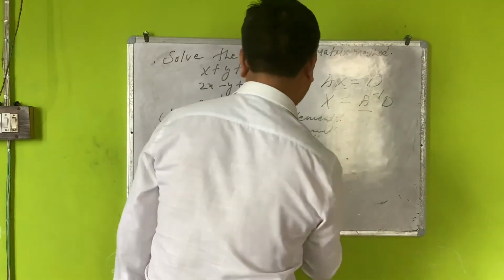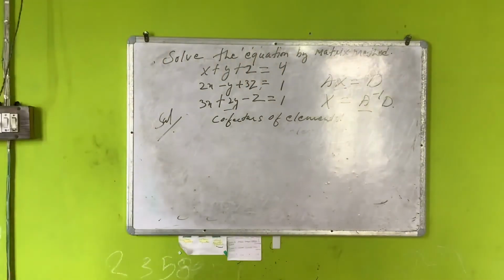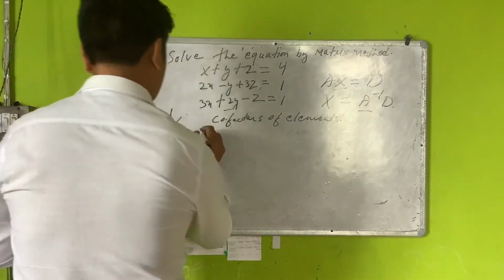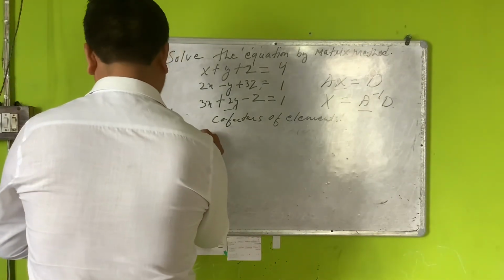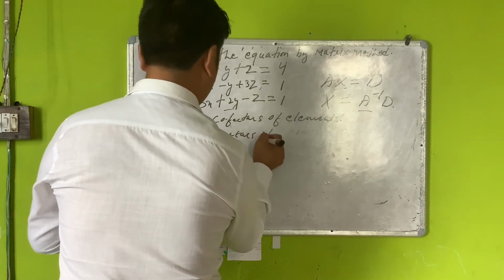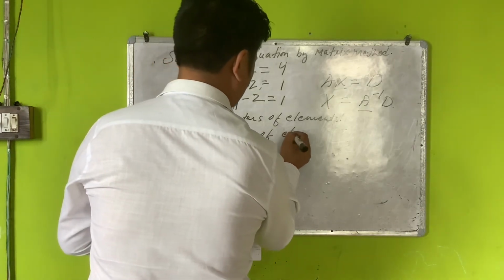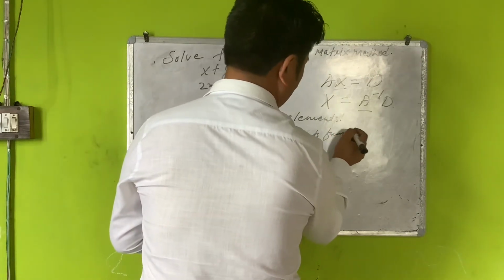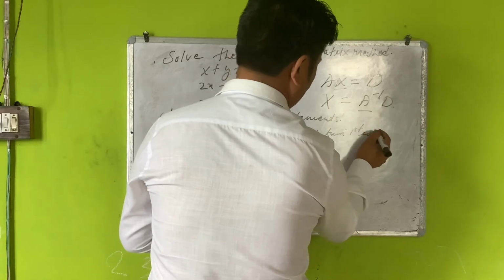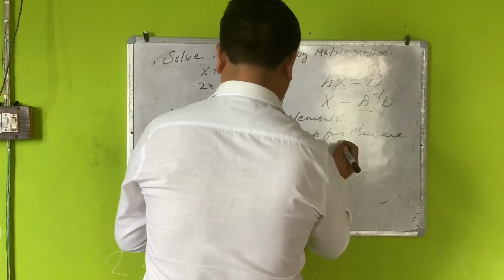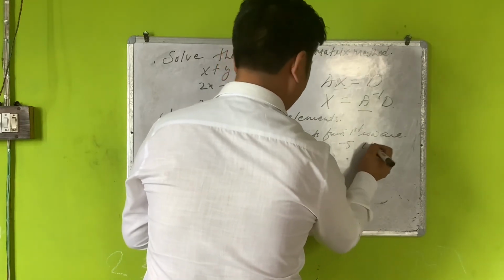The cofactors of elements from the first row are minus 5, 11, 7.